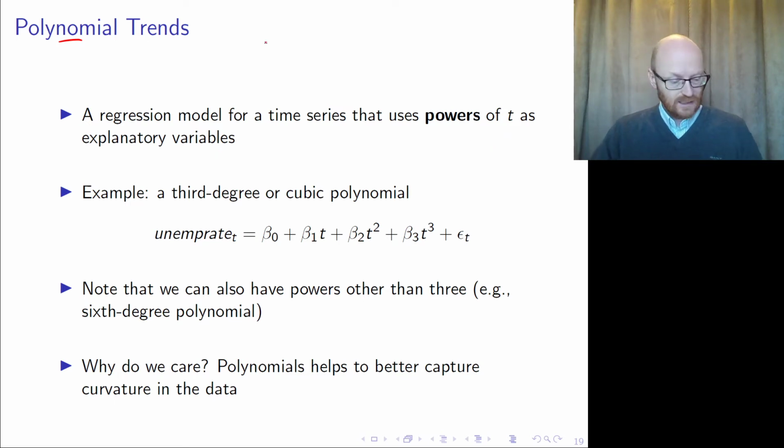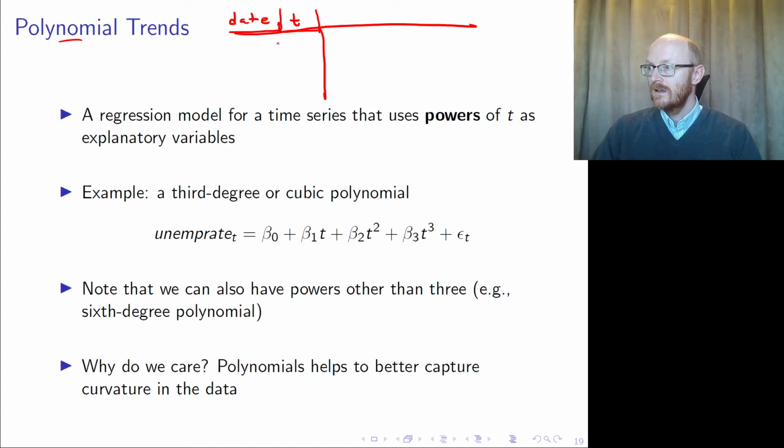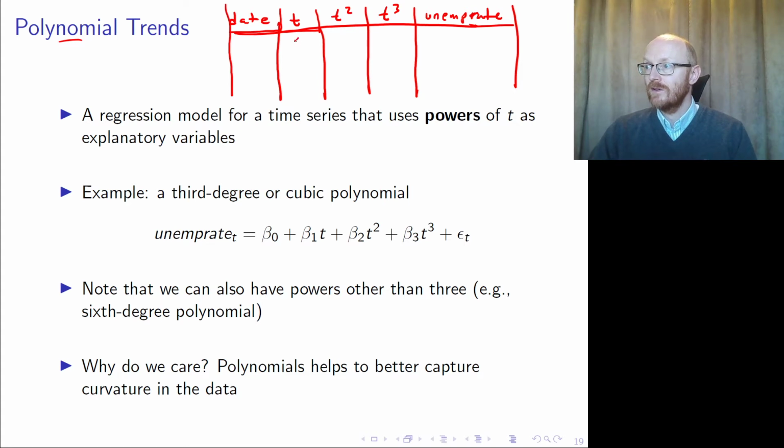So for example, you have the date variable, you have the t variable, and then you make t squared, and you make t cubed, and so on. And here you have the unemployment rate in percentages. Okay, so this is your data.